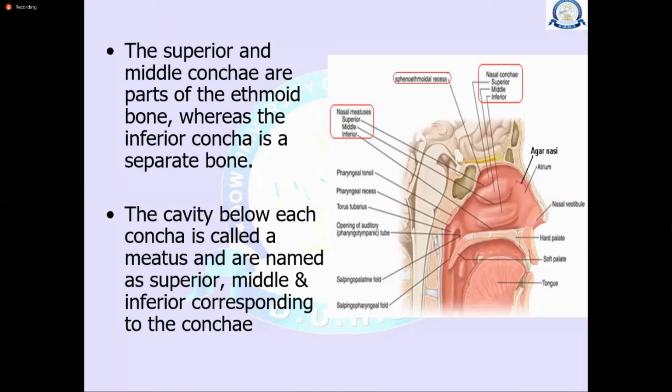The superior and the middle concha are part of the ethmoid bone, whereas the inferior concha is an independent bone and it's known as the inferior concha itself. The cavity below each concha is called a meatus and is named superior, middle and inferior corresponding to the concha. So below each concha there is going to be a meatus.